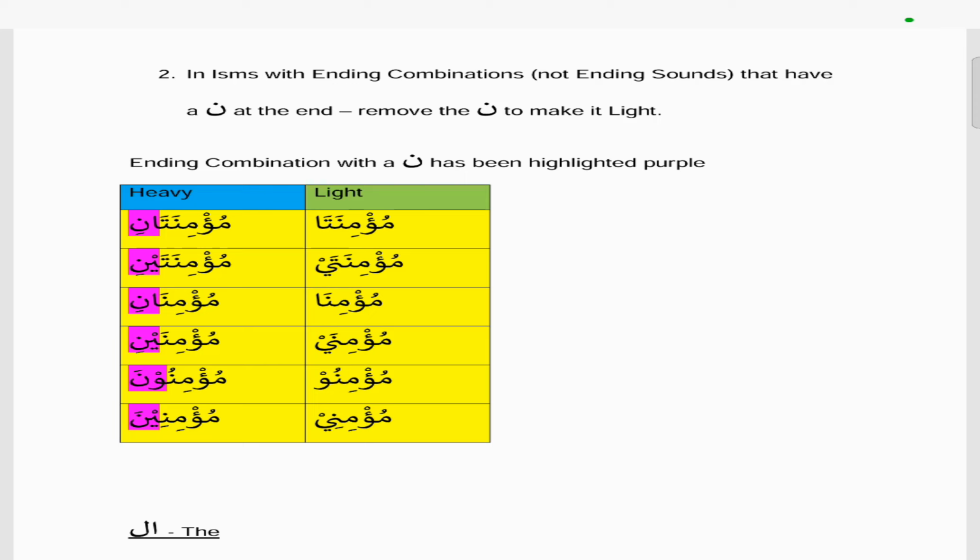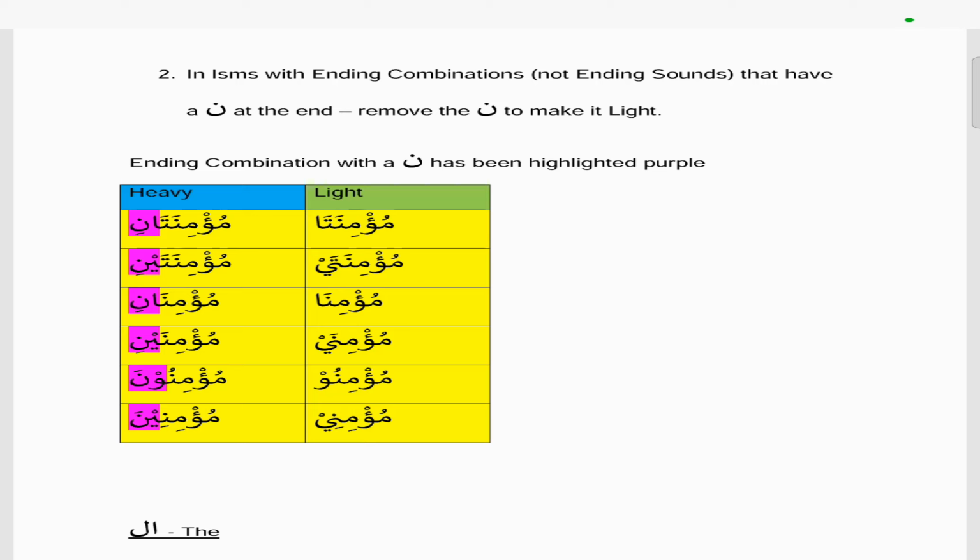Whenever the ending combination has a noon, so it doesn't always have a noon, but when it does, we remove the noon at the end of the ending combination to make the ism light. Just to repeat what I just said: in ending combinations, when we find a noon at the end, we remove the noon in order to make the ism light.